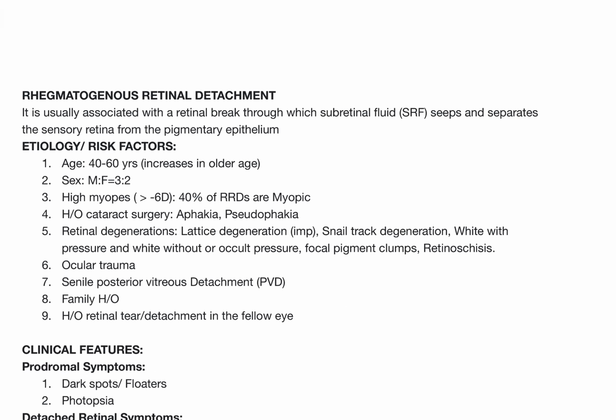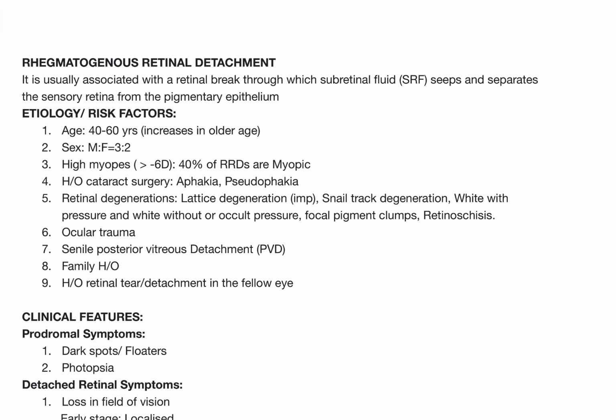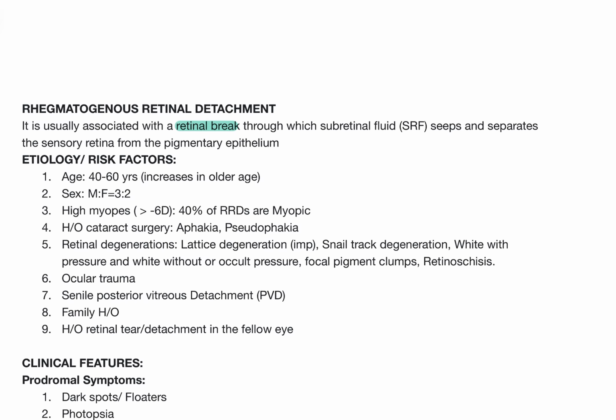Now, coming to the rhegmatogenous retinal detachment proper. It is associated with a retinal break. The most important thing of rhegmatogenous retinal detachment is the retinal break. Let us understand this with the help of a diagram. You have your retinal pigment epithelium posteriorly, anteriorly you have your neurosensory retina, and this neurosensory retina has a retinal break.